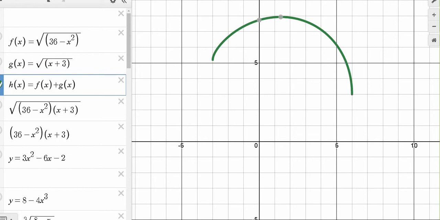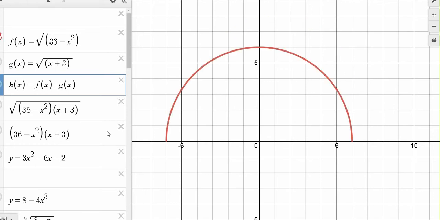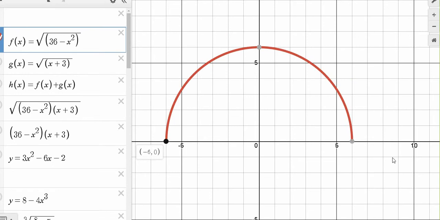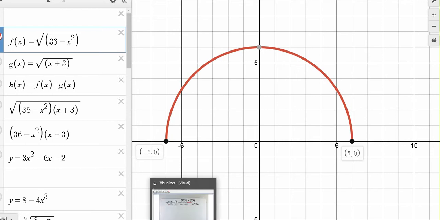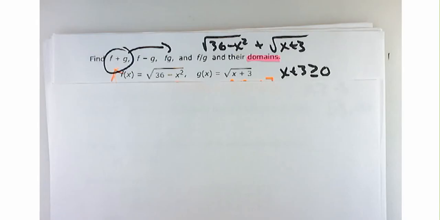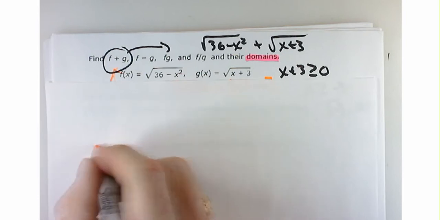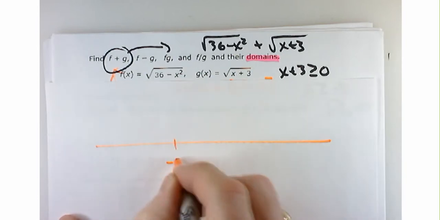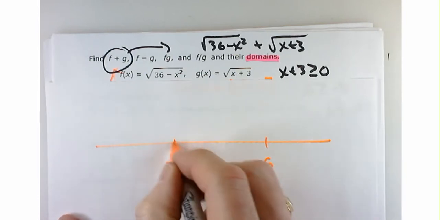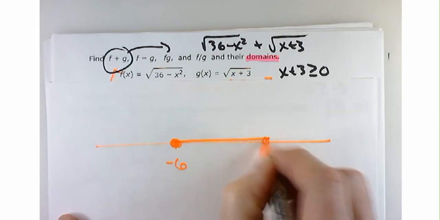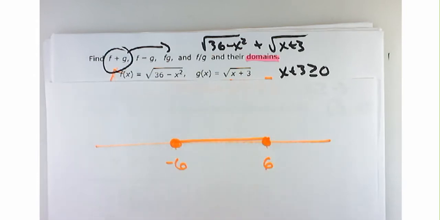F of x is only defined between negative 6 and 6, right? And you can do that by figuring out where 36 minus x squared is greater than or equal to 0. So I got negative 6 to 6. That's where that function is defined.